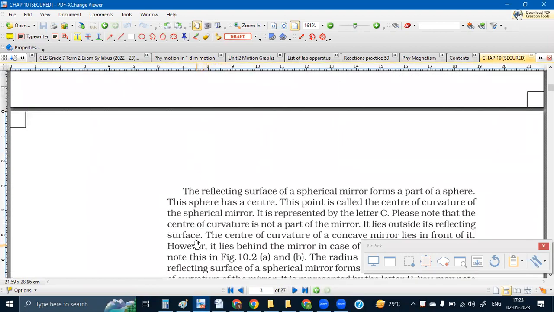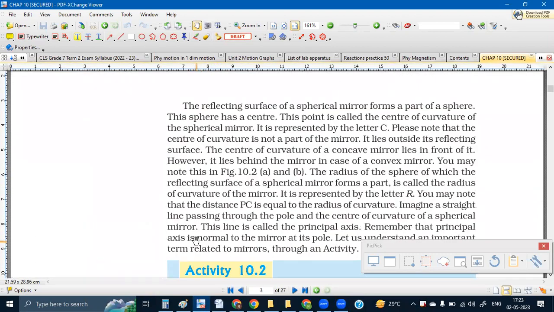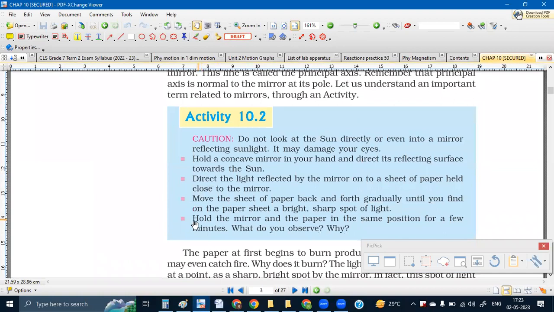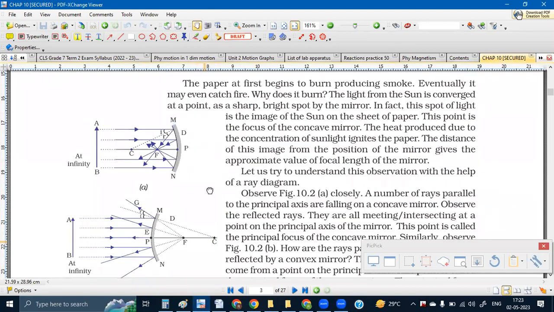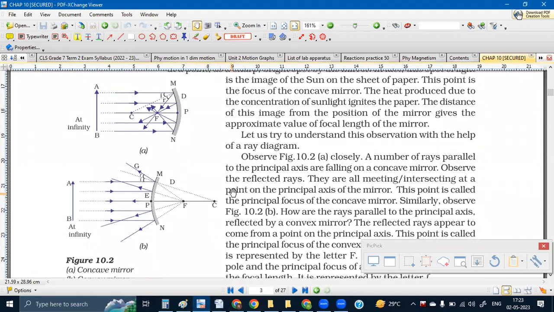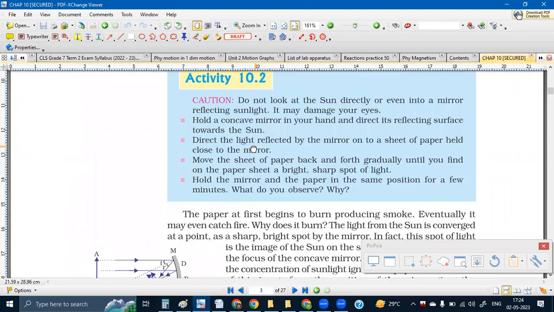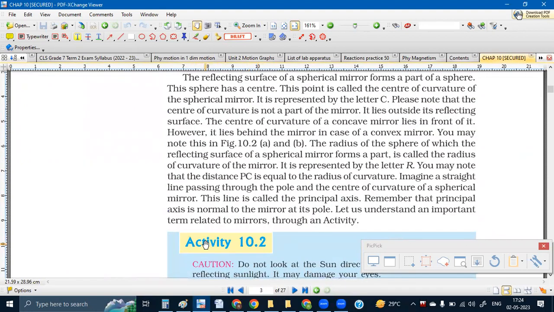Then we have focal point, focal length, and the pole of the mirror. I'll first draw this mirror and then we are going to give all of these definitions.